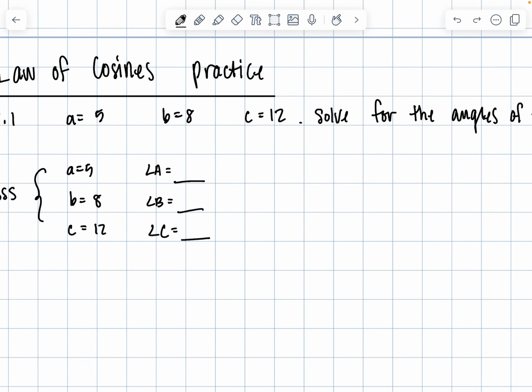We're going to use a squared is equal to b squared plus c squared minus 2bc times the cosine of angle A. So it's plugging everything in. We get 5 squared equals 8 squared plus 12 squared minus 2 times 8 times 12 times the cosine of A.